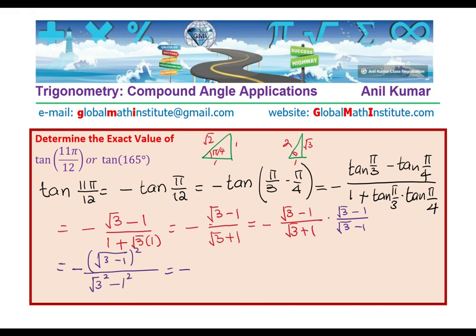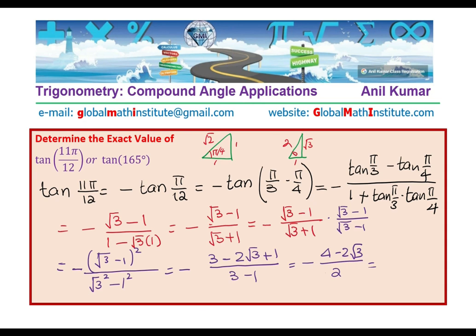So it is minus. a square minus 2ab, which is 3, minus 2ab means 2 square root 3 plus 1 in the numerator, and here we get 3 minus 1, correct? So we get 4 minus 2 square root 3. All these steps are critical, and this is 2.